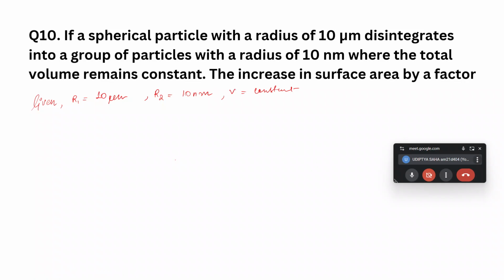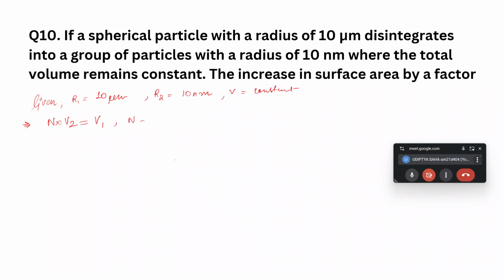We know the volume of a sphere is 4 by 3 pi r cube. So we can find the number of small particles, n. n into v2 will be equal to v1, because the particles are formed by disintegration of v1.